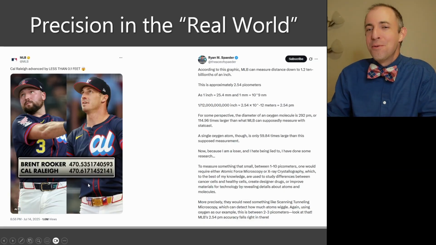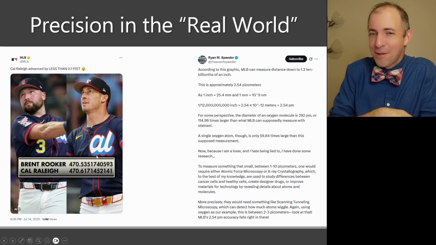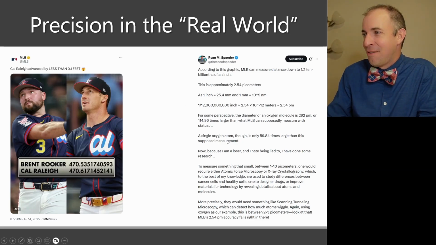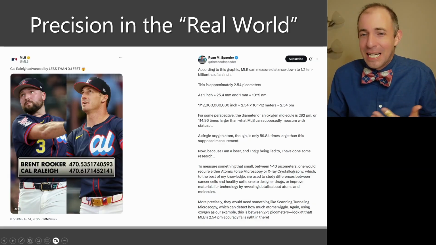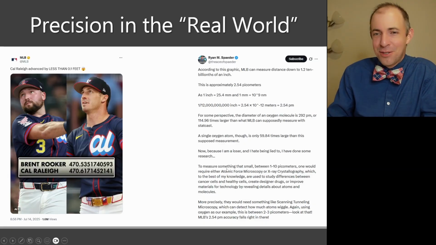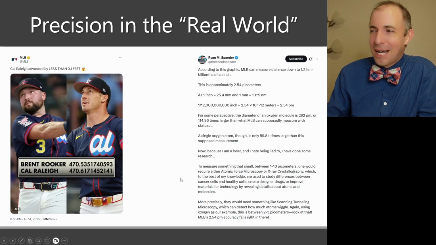In an example of too many significant figures, there is no way that their measurement was that precise. Somebody actually did the math and found that that was around a picometer in size, which then puts it in the range of an oxygen atom, which is tiny and not something that was really possible.